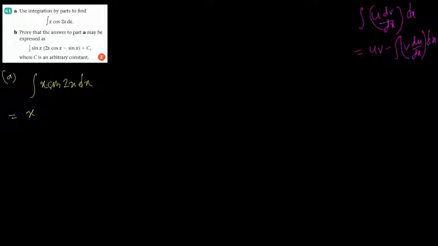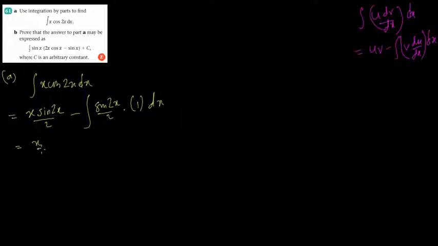Then since this is dv by dx, v is going to be the integration of cos 2x. The integration of cos 2x is sine 2x by 2 by the fundamental rule of calculus. And du by dx, the derivative of x, is going to be 1 dx.